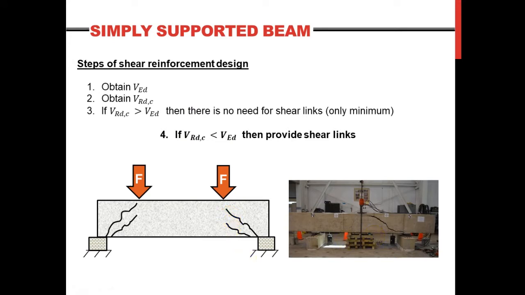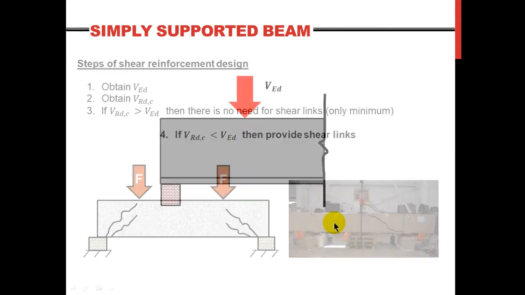Now, for the sake of better understanding, before digging into the shear links design of our example, let's look first at what really happens as the applied shear force, the VEd, exceeds the member shear resistance when no shear links or fewer are employed.